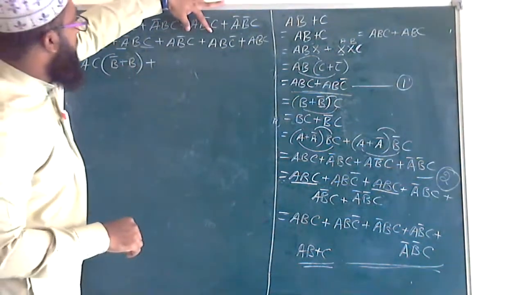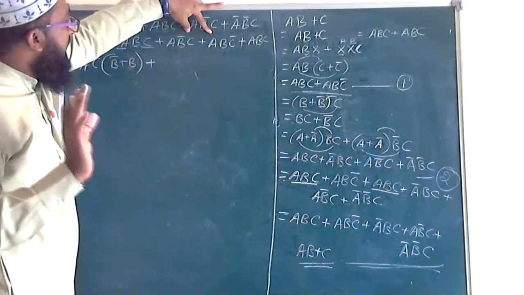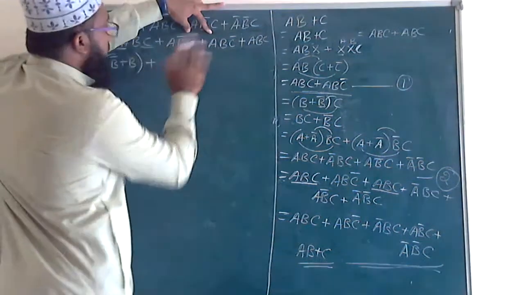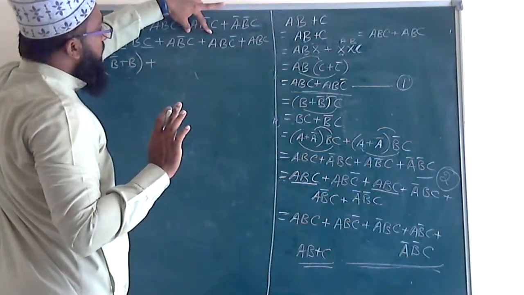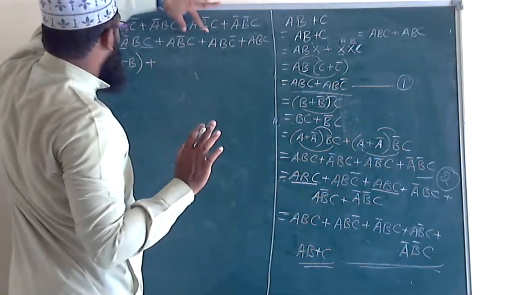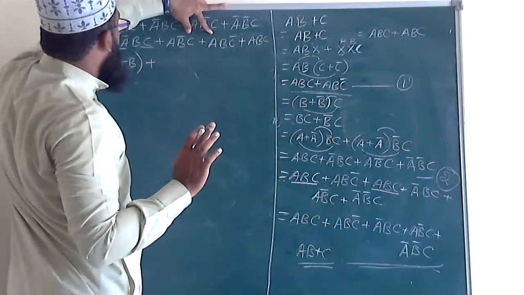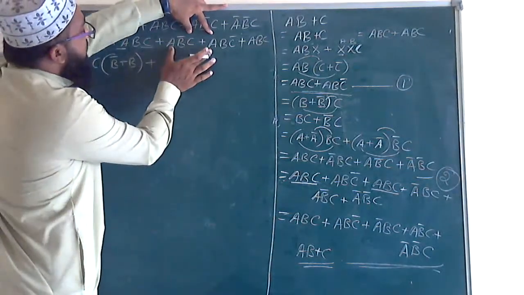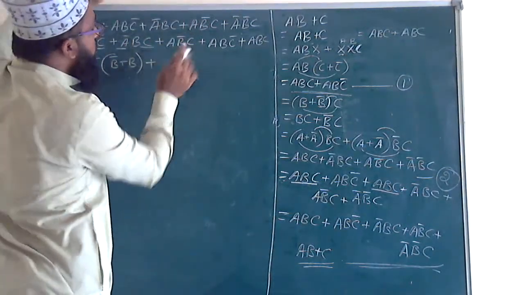Now check for these two things. Is there any common thing? Only A is common here. If we take only a single common variable, that will not be more useful, and the derivation will go long.